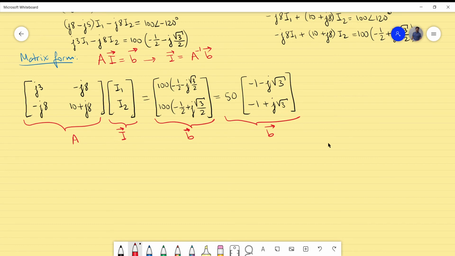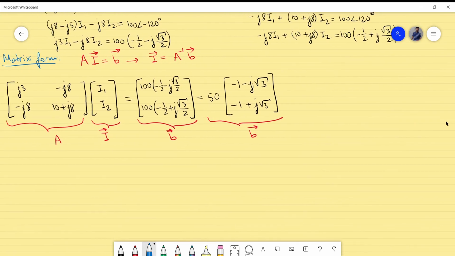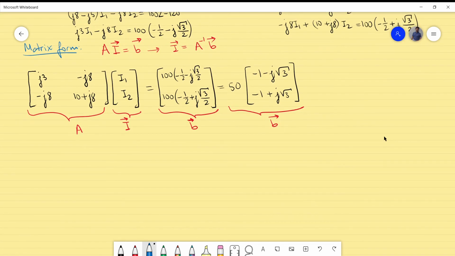How can I determine A inverse? Let me do that on the right side, maybe just continue here, it's better. The formula for a 2 by 2 square matrix is simple: A inverse is 1 over the determinant of A times, now comes the job, what do we place in this new matrix?